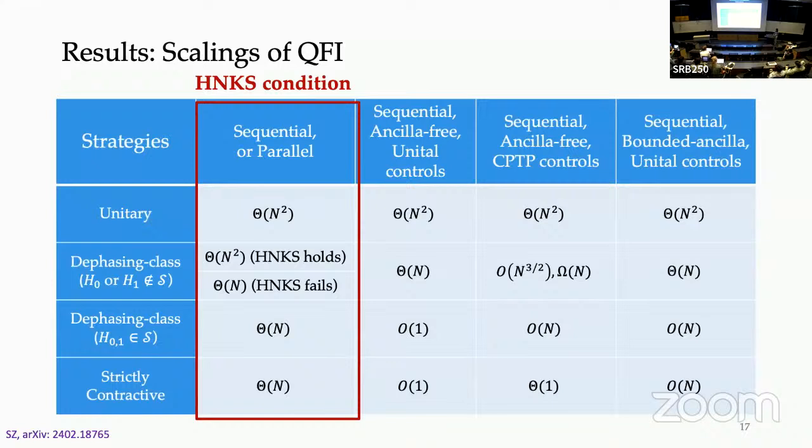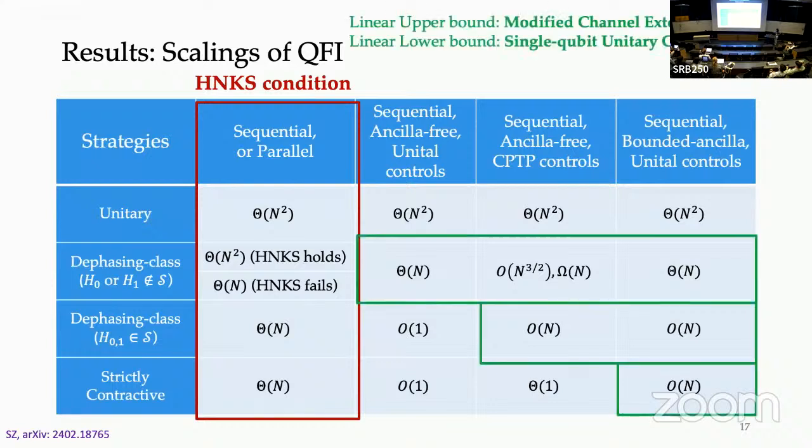That means the Fisher information is at most linear in this case. Okay, and how about the other restricted control strategies? Note that here we show that for any noisy quantum channel that is not a unitary channel, the Fisher information is at most linear, or at least it's not going to be quadratic. It's at most like n to the power of 3/2.